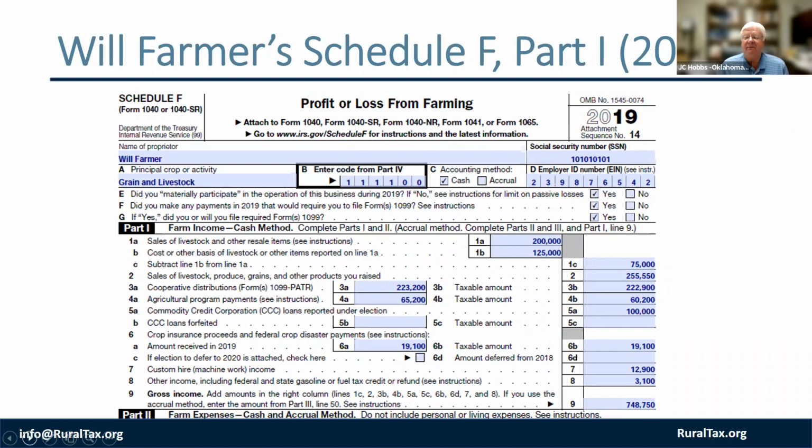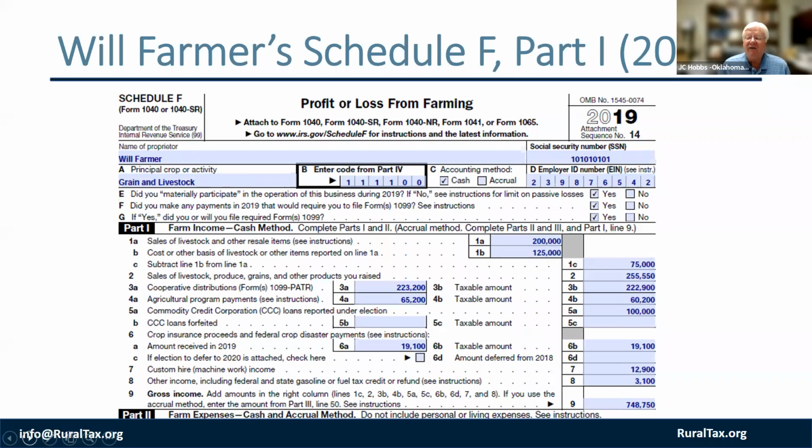So 3B. Now we have ag program payments that show up on line 4A and 4B. Here we have those payments. What we did in this scenario is we had some sales. We had some grain that we put into a loan. And what happened, we had some market gain on that occurred in the prior year, 2018.